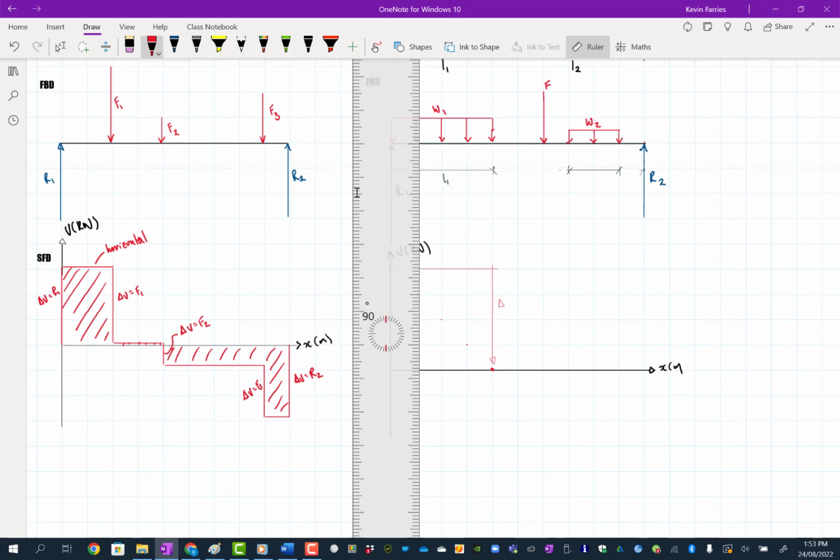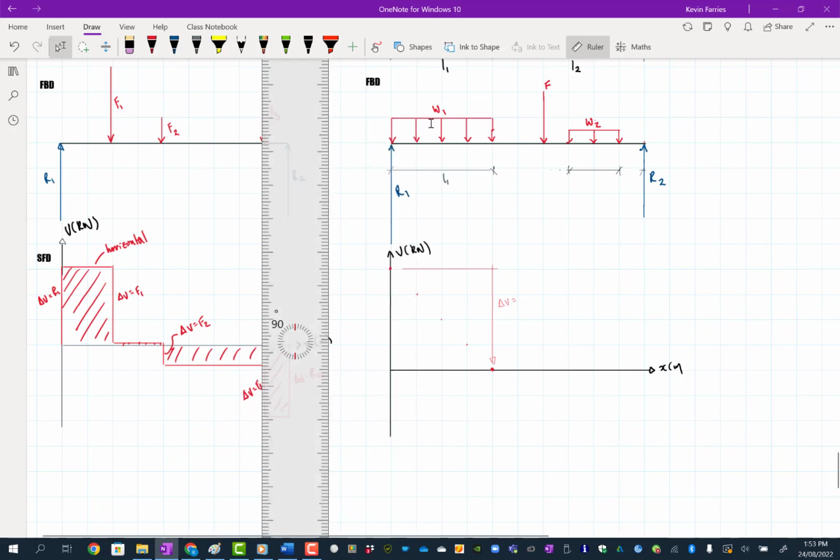And delta V, so the change in shear, is equal to, and it's magnitude and direction again, this is going downwards, so the shear is going downwards. Okay, so this line load is going downwards, so is the shear. And so delta V is just going to be equal to W1 times L1, the area under that line load.